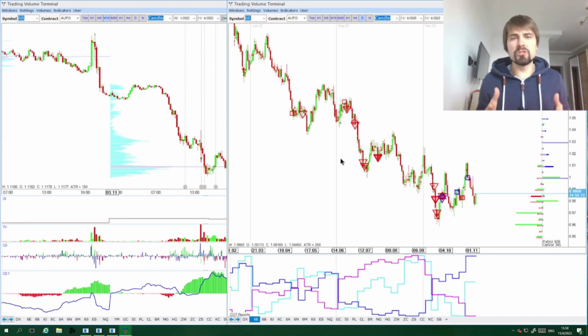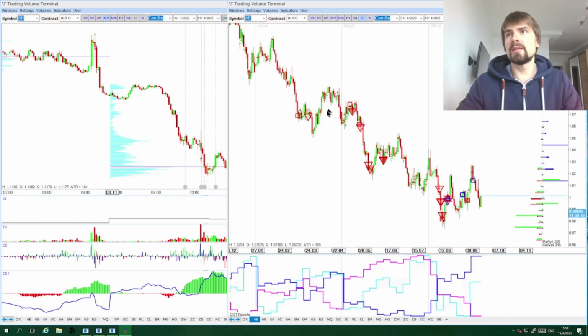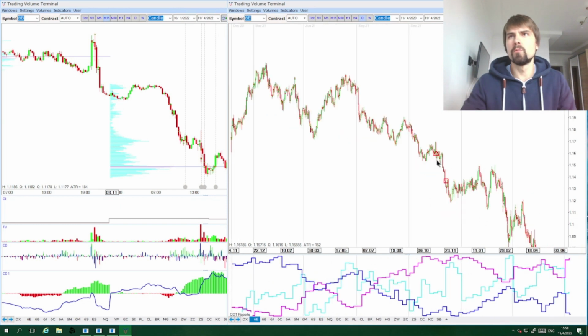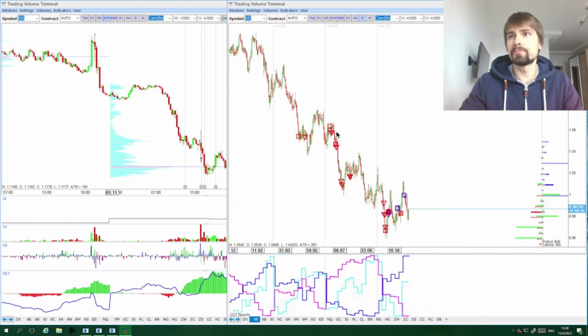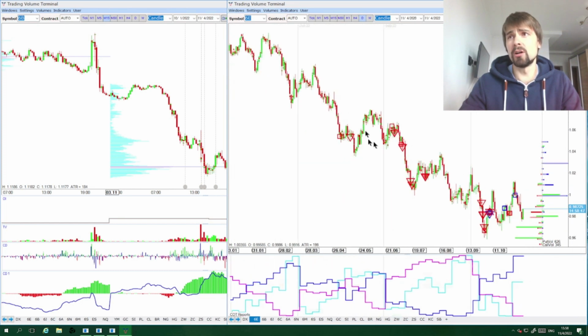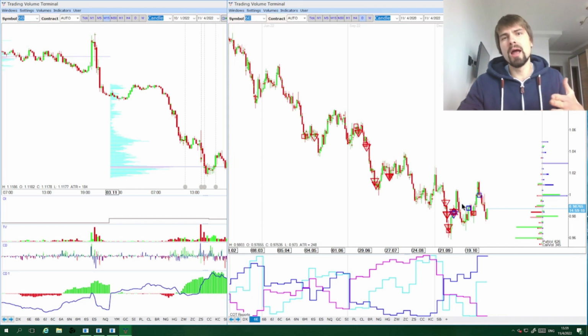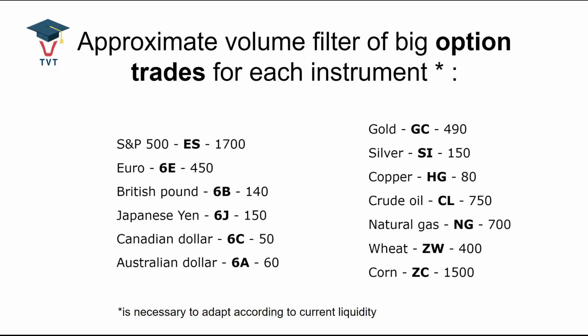You need to adjust according to your current time because these settings, for example, half a year ago were very strict and we needed to put fewer contracts. The liquidity was lower, so please adjust to your current time. Now the liquidity will be lower, so 450 contracts is normal for today.